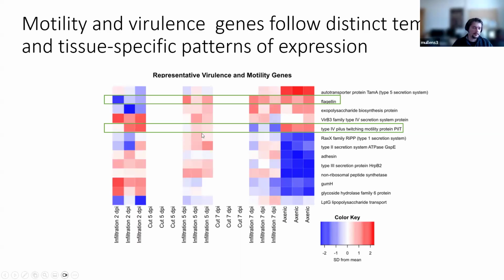What we see is that during infiltration-based inoculations, early on they're expressing more of the twitch motility gene, still some at 5 DPI, but then less at 7 DPI. For the flagellin, we see less expression early on, but more at the later time points at 5 and 7 DPI.